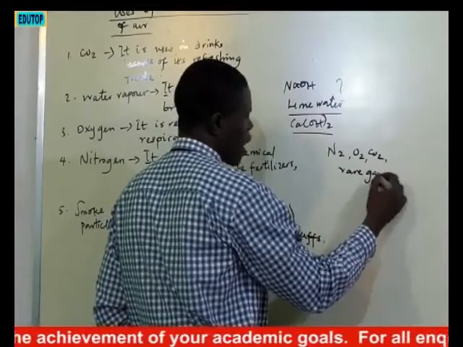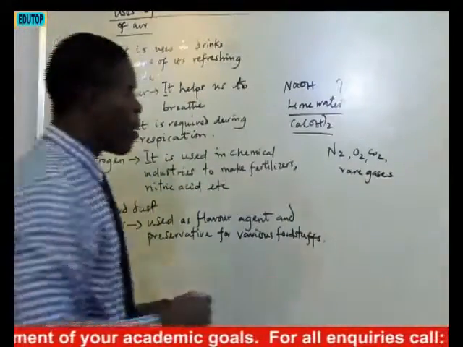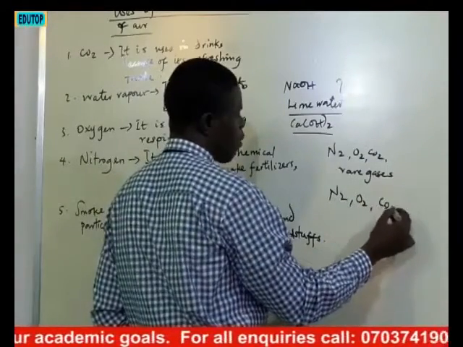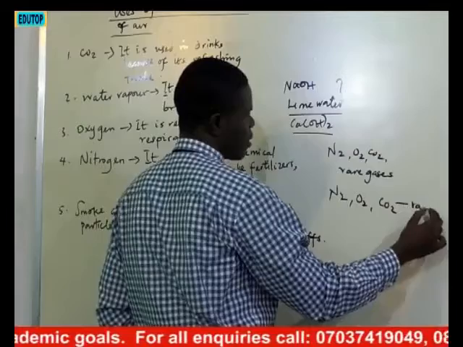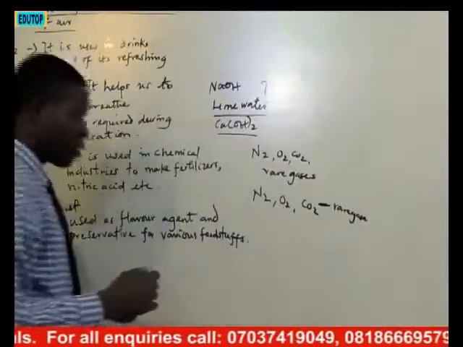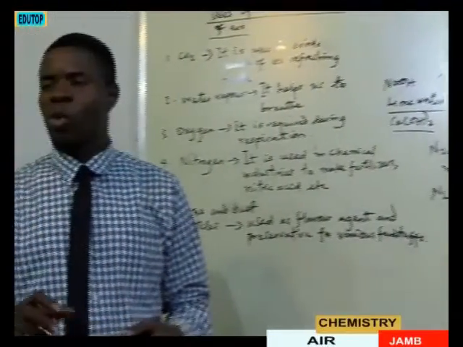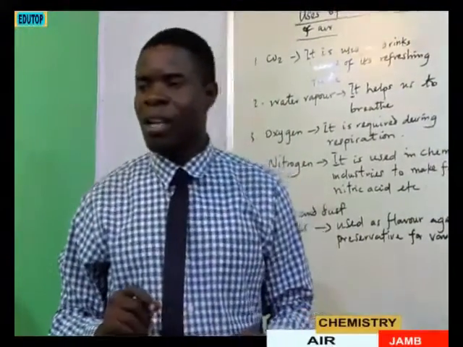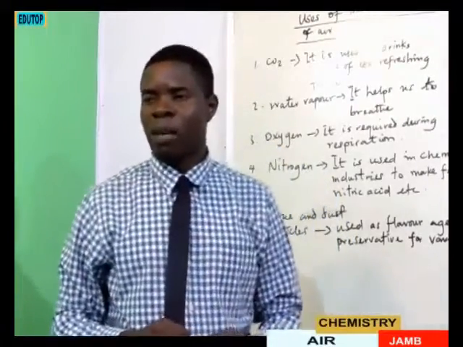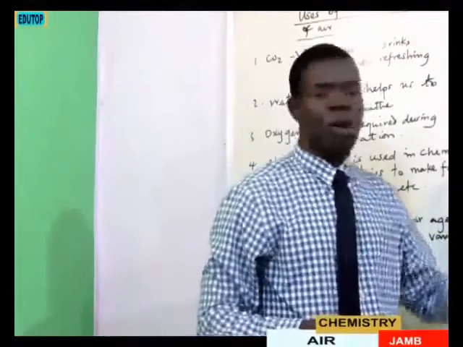While the ones obtained from nitrogen-containing compounds will have nitrogen, oxygen, carbon(IV) oxide, minus rare gases. Rare gases are not in that one. So the nitrogen from air is more dense simply because of the involvement of rare gases.